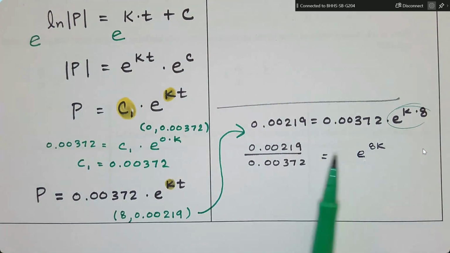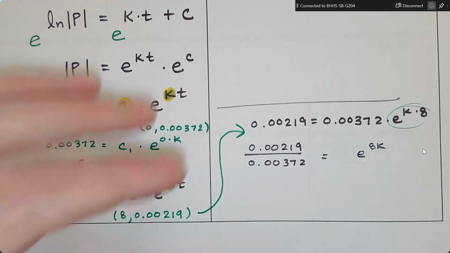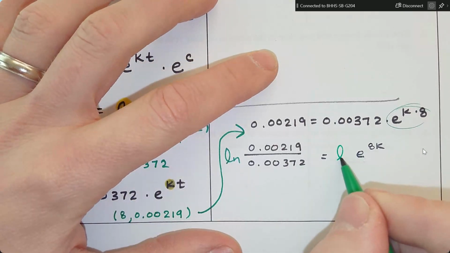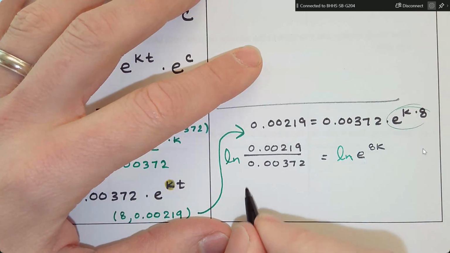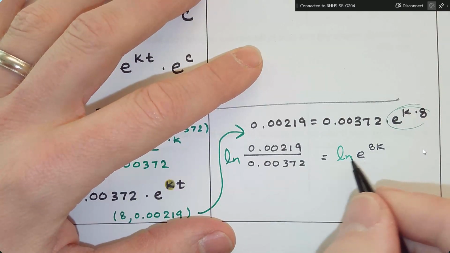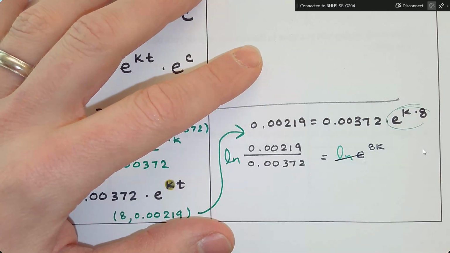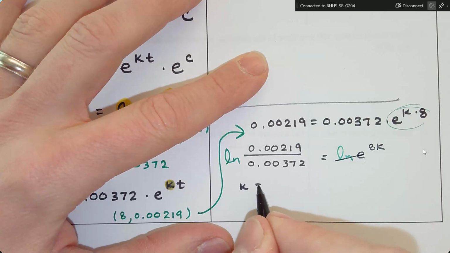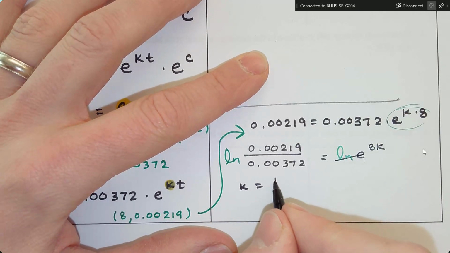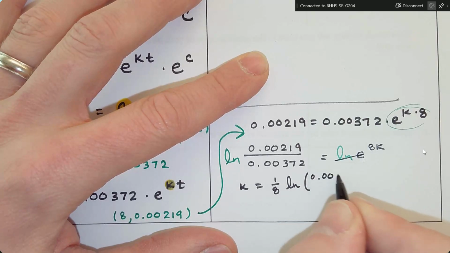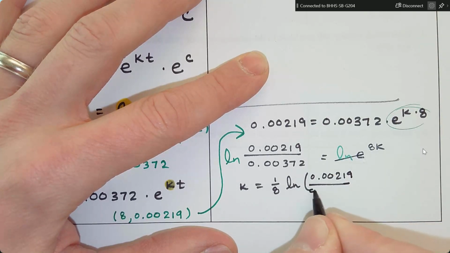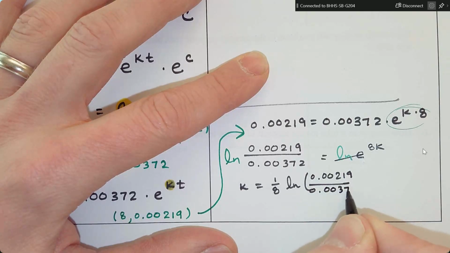All right, what's the next thing we need to do to both sides? Yeah, log this side, log this side. So you're going to get the natural log of this is equal to 8k. Therefore, k is going to be equal to 1/8 the natural log of 0.00219 over 0.00372.